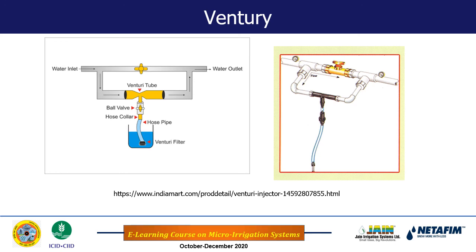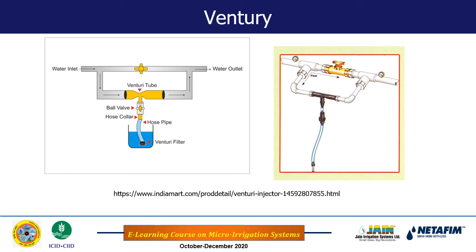So there is a pressure difference between the inlet and this particular point, and because of this pressure difference, the fertilizer solution kept in the bucket or container will be sucked into this pipe, mixed with the water and carried towards the outlet. So this is the venturi unit shown here.